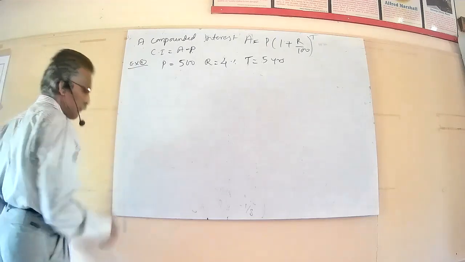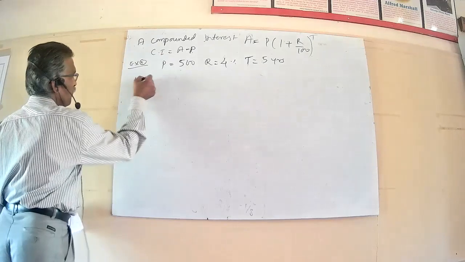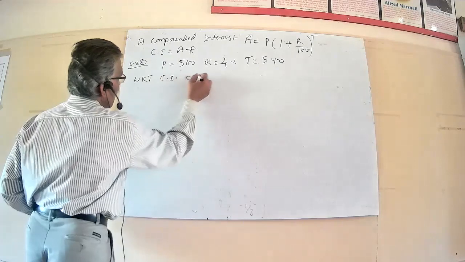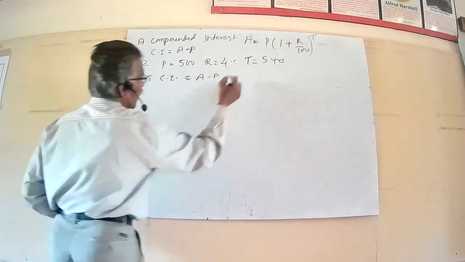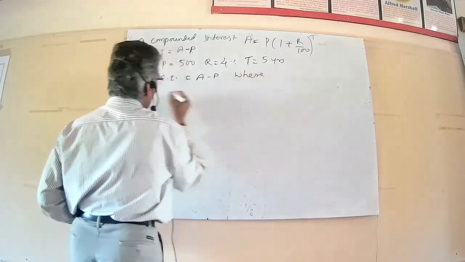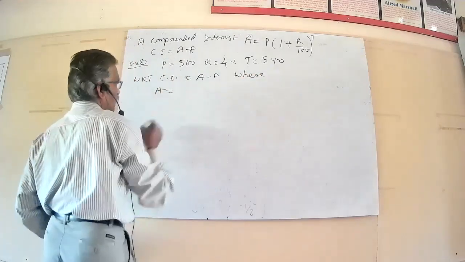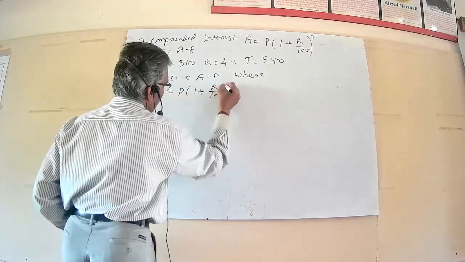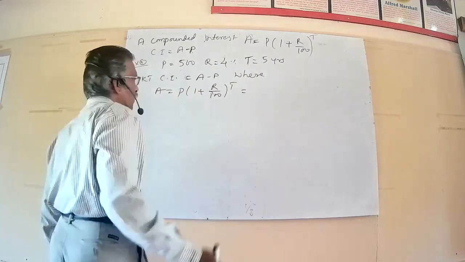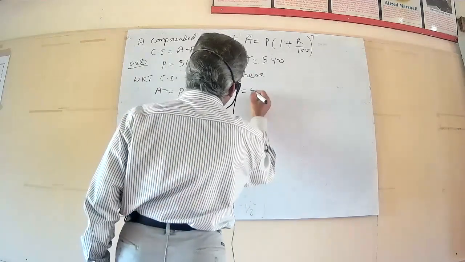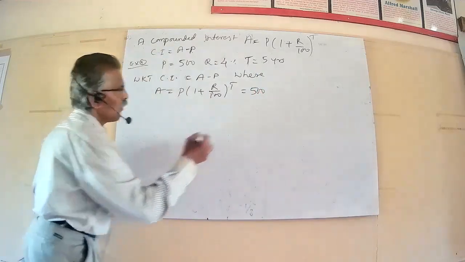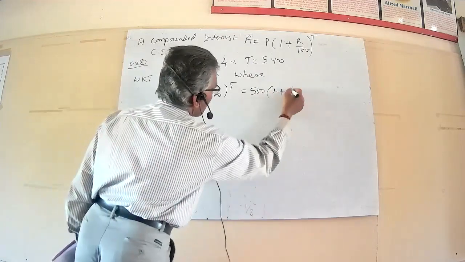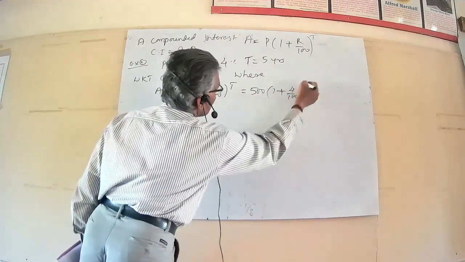We know that compound interest equal to A minus P, where A equal to P into 1 plus R upon 100 raised to T. That is equal to P, which is 500, into 1 plus R, the rate of interest is 4, upon 100, raised to T, which is 5.